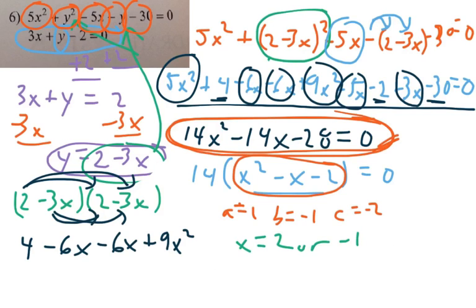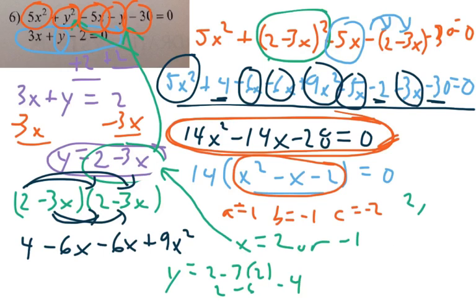Let's now go back to our original equation right over here, because we now know that y is 2 minus 3x, correct? So therefore, y is going to equal 2 minus 3 times 2, and 2 minus 6 is negative 4. So one of my solutions is going to be x is 2, y is negative 4.